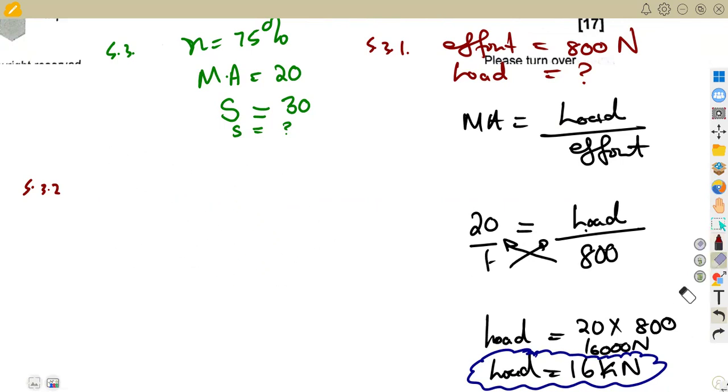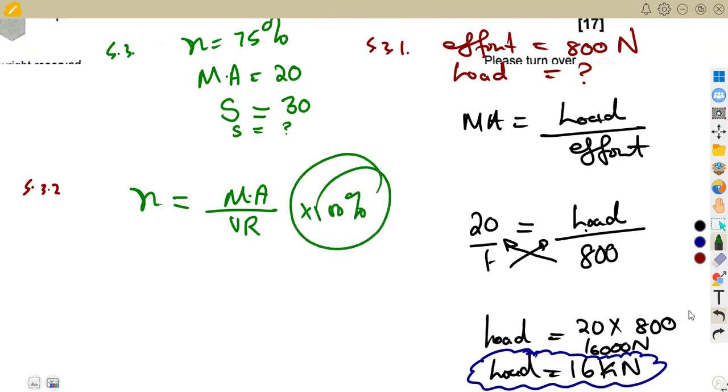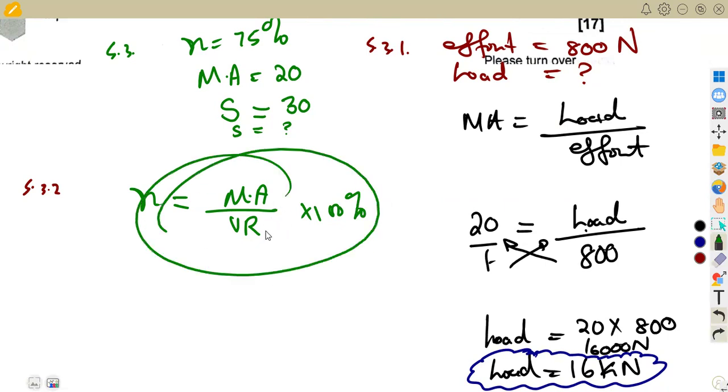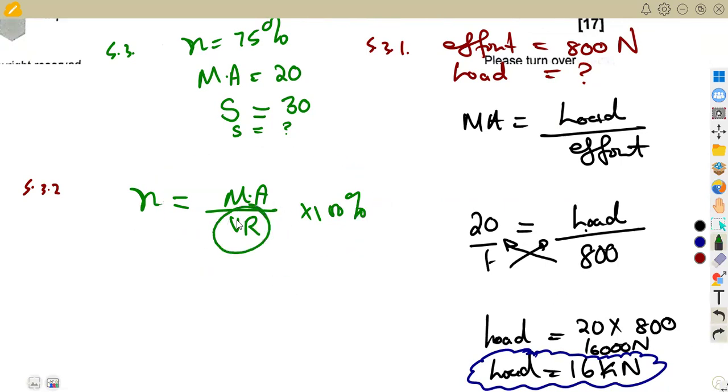Let's think of another formula which consists of the velocity ratio. There is this one again from the efficiency. Efficiency is equivalent to the mechanical advantage over the velocity ratio times 100%. So we can take advantage of this formula to calculate our velocity ratio, which is the displacement ratio.